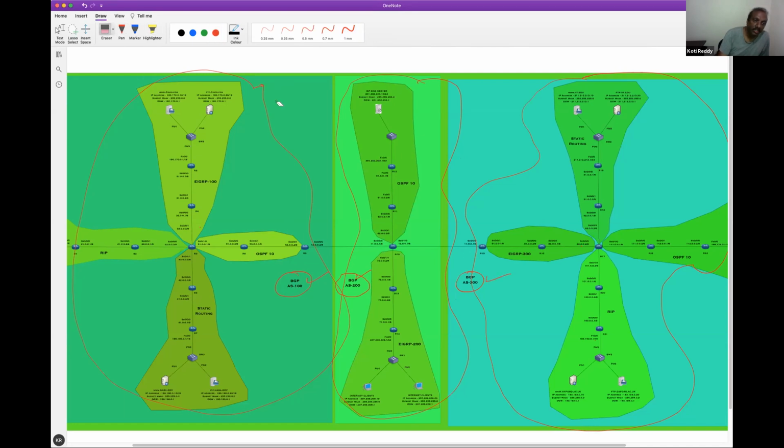Now within the ISP network, we use routing protocols like RIP, EIGRP, OSPF. We also may use static routing. We also can use something called ISIS, which stands for intermediate system to intermediate system.